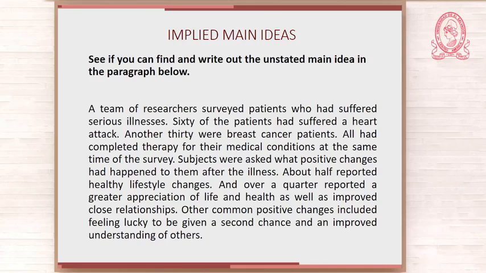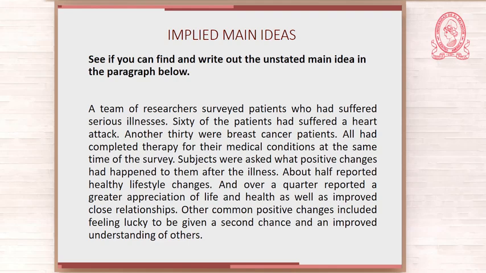Let's start practicing. Langan suggests the following exercise. See if you can find and write out the unstated main idea in the paragraph below. Let's read. A team of researchers surveyed patients who had suffered serious illnesses. 60 of the patients had suffered a heart attack. Another 30 were breast cancer patients. All had completed therapy for their medical conditions at the time of the survey.